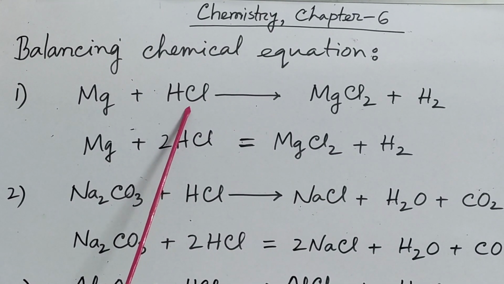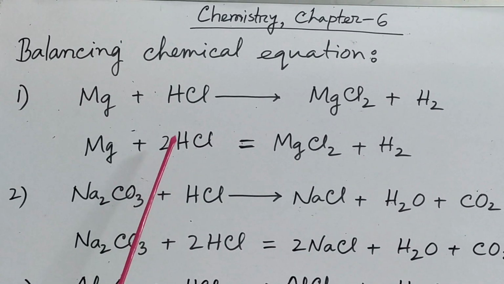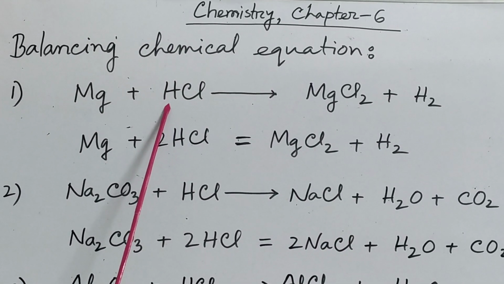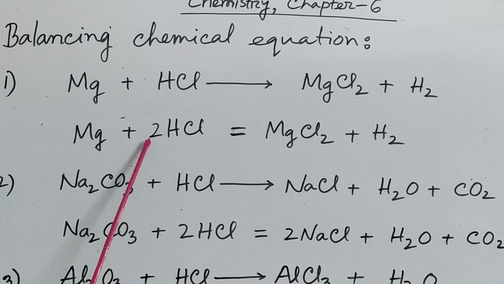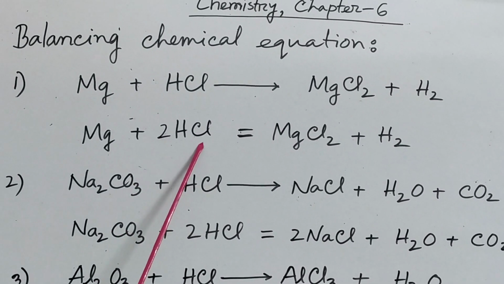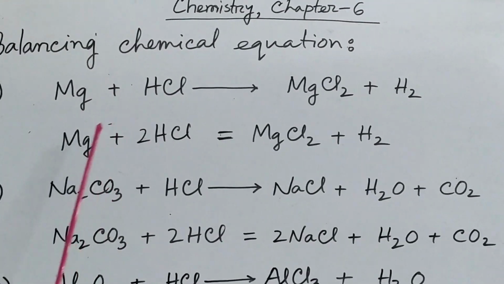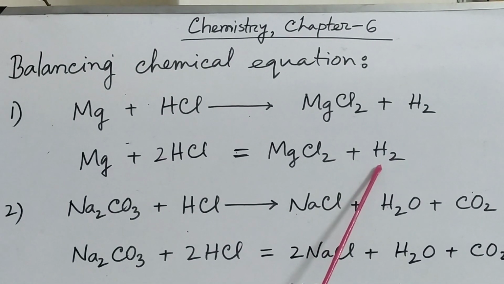So if we balance chlorine, then I have to write here 2. Now here hydrogen is also 2, but here hydrogen is 1. So now if I give here 2 hydrochloric acid, then the number of atoms in the left side and the number of atoms in the right side are equal.